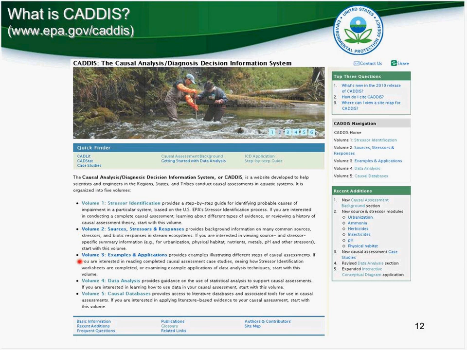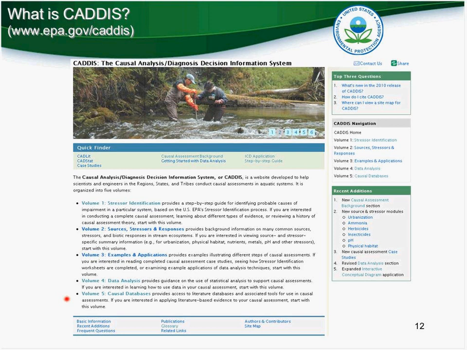There's a volume providing examples and applications. There's a volume on data analysis. We provide a lot of useful statistical tools and approaches that people might not have in their toolbox. You go here and get access to a lot of different ways to analyze data. This really isn't Statistics 101. And we have a Causal Database, which is a place where we're continually adding literature and different tools on how to do causal assessment.